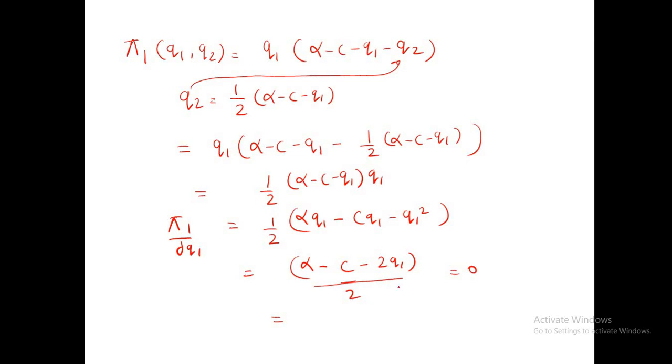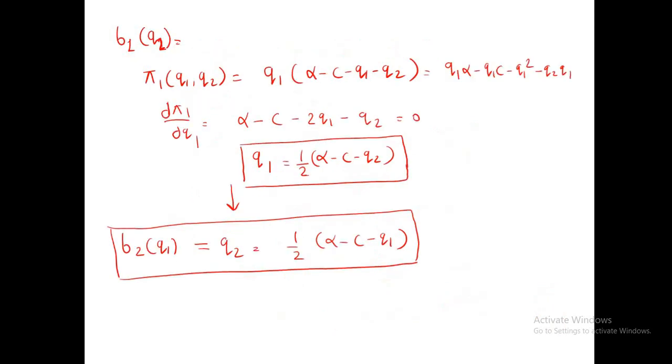Now we will get 2Q1 is equal to alpha minus C, and Q1 is equal to half of alpha minus C. So in his second chance, player 1 is producing half of alpha minus C.